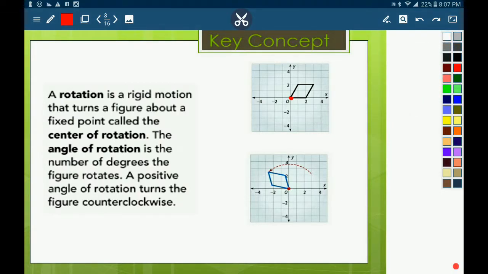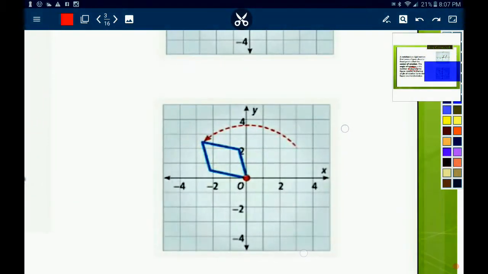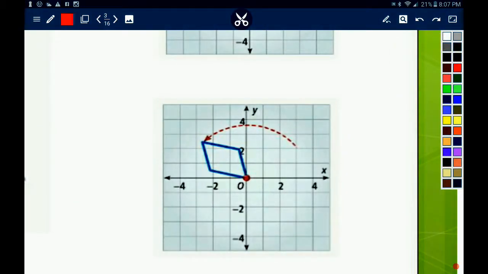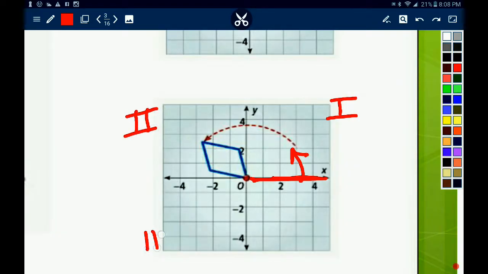The angle of rotation is the number of degrees the figure rotates. A positive angle of rotation turns the figure counterclockwise. As shown in this diagram here, the arrow is pointing counterclockwise. That's because angles open up from the x-axis, starting in the first quadrant, then going into the second quadrant, the third, and then the fourth.